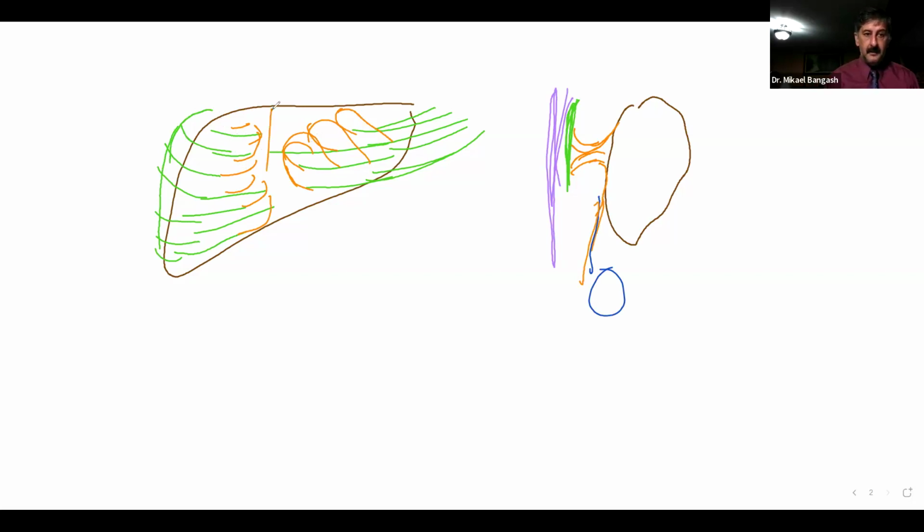What we have is peritoneum coming from the right side, and peritoneum coming from the left side and turning on to the liver. And this structure is what we call the falciform ligament.